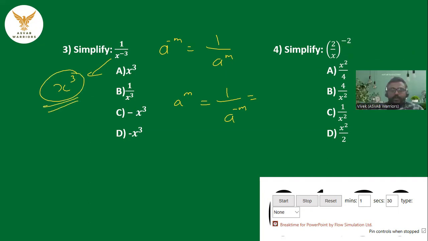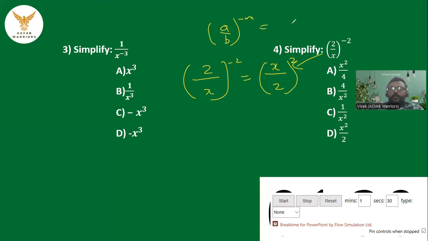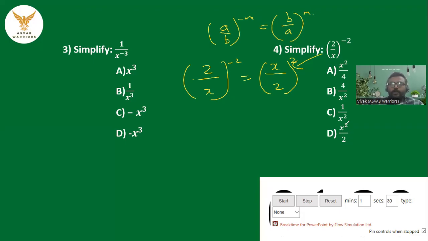And in this case, for the second question, what we are going to do is 2 to the power 2 divided by x to the power negative 2, which would be nothing but x divided by 2 to the power positive 2, by using (a over b) to the power minus m is equal to (b over a) to the power positive m.